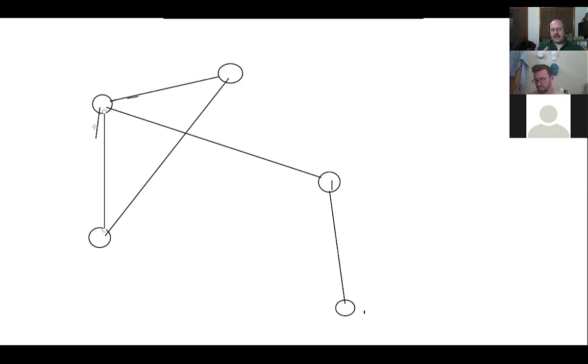I've got just relationships between all these different nodes. And so this is how a graph is set up. It's similar but different.